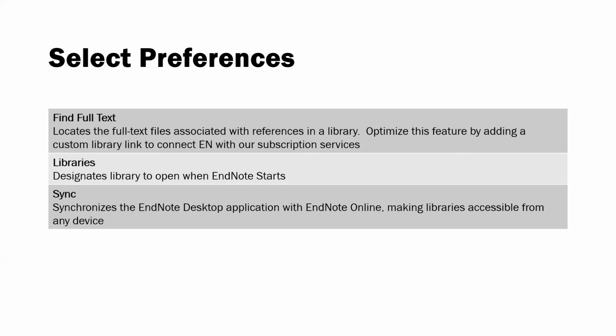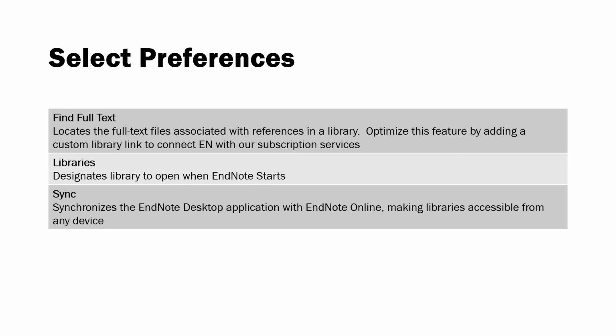And you can optimize this feature by adding a custom library link to connect EndNote with our subscription services. And this link is available on the EndNote guide, but again, I am going to drop this link in the chat for you. There we go. And I'll show you where that goes here in just a second.